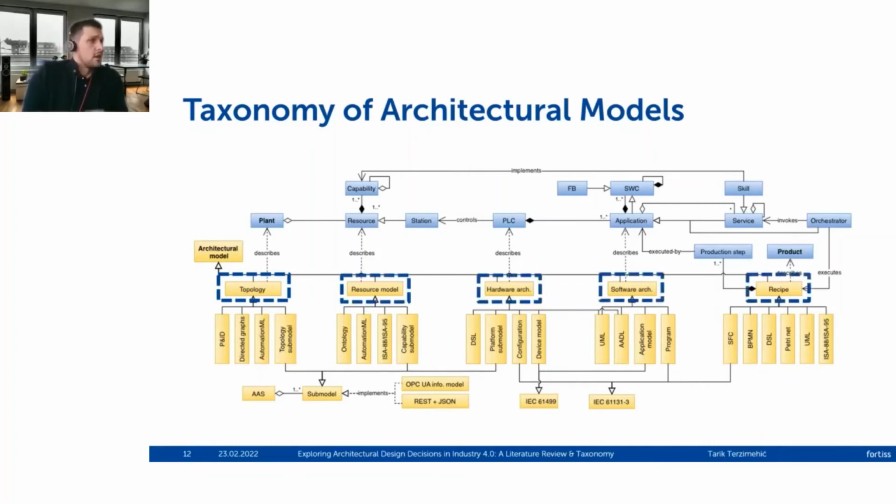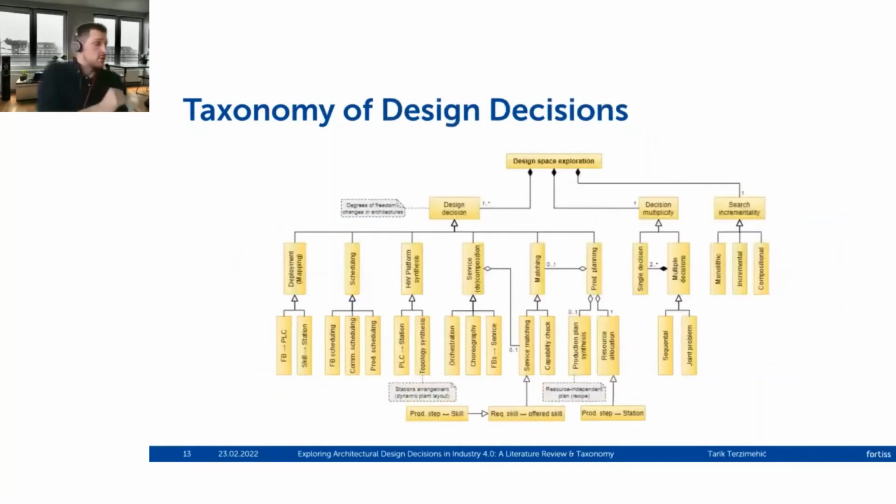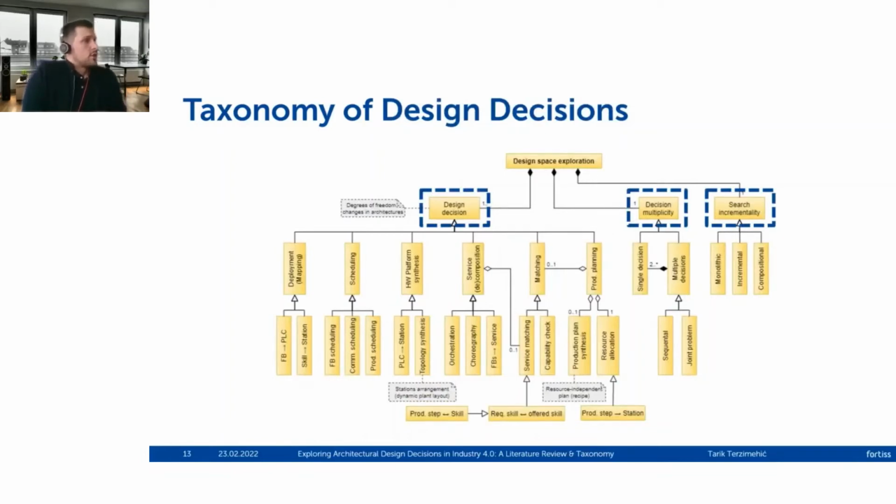Exactly. The second major dimension is the design decisions as a part of the design space exploration. We have here three major dimensions: design decisions, decision multiplicity, and search incrementality. Here we try to list all decisions that are common in this domain. The first of them is deployment, as I already mentioned: allocation of function blocks to PLCs, like a pure deployment decision.